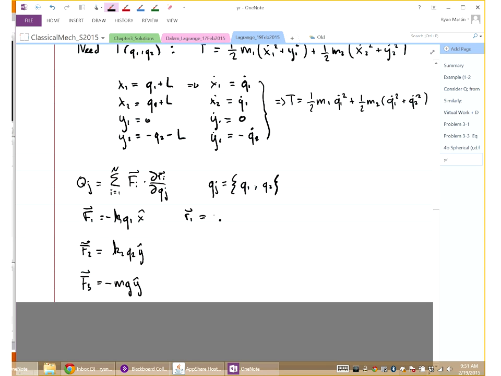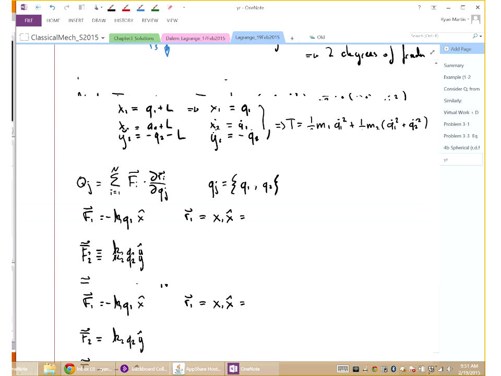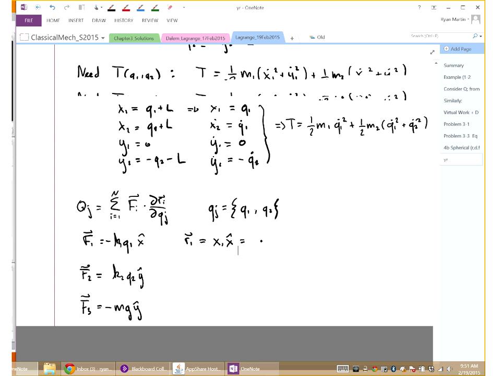So the R1 vector is really just x1 times x hat, right? The F1 force is applied at the position of mass m1, and its position vector is x1 x hat. And so x1 is q1 plus L. So R1 is q1 plus L times x hat.